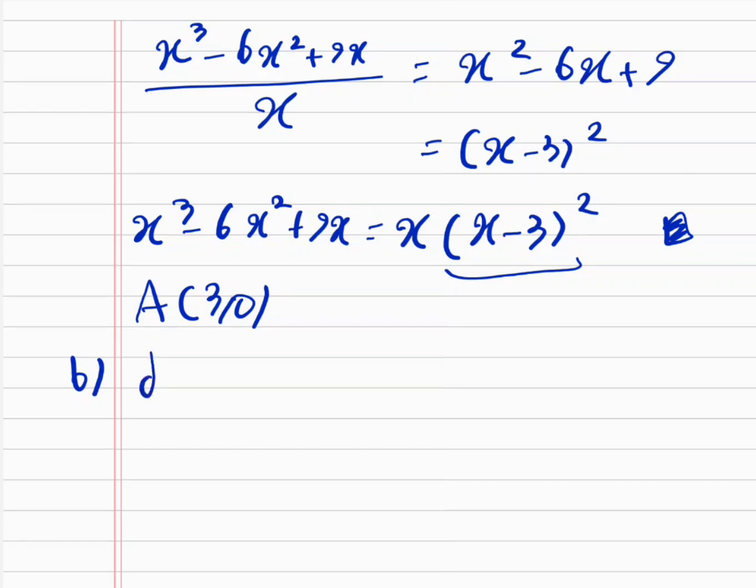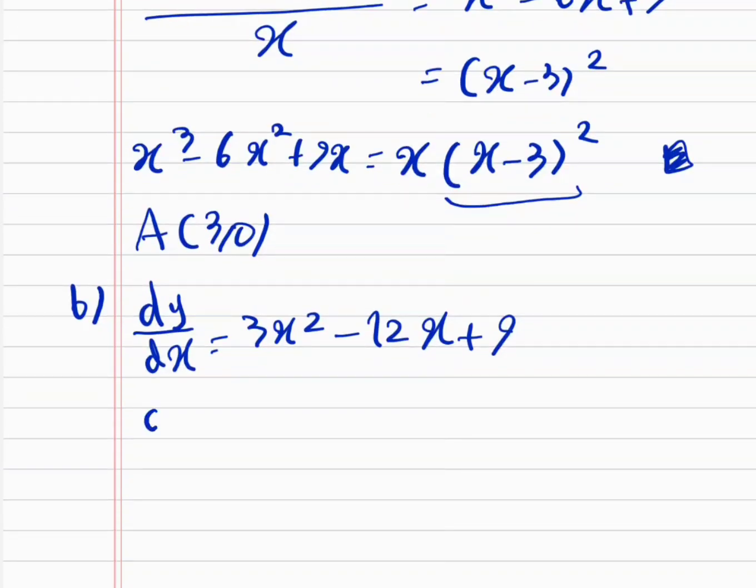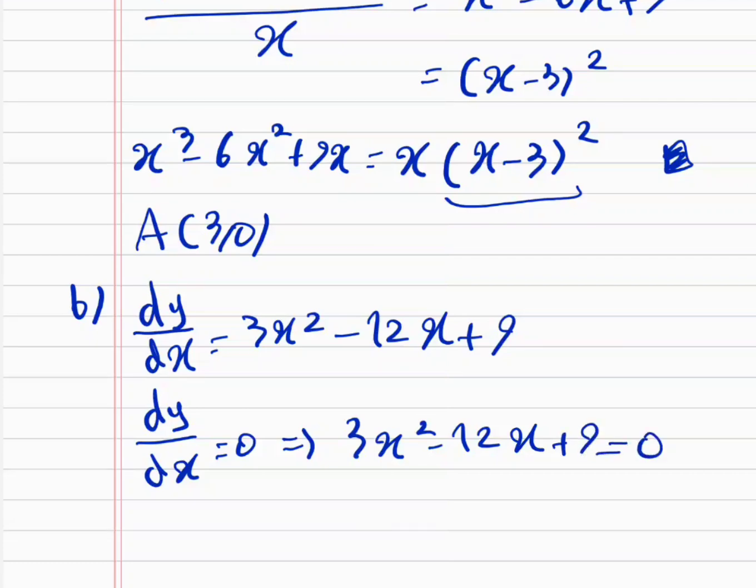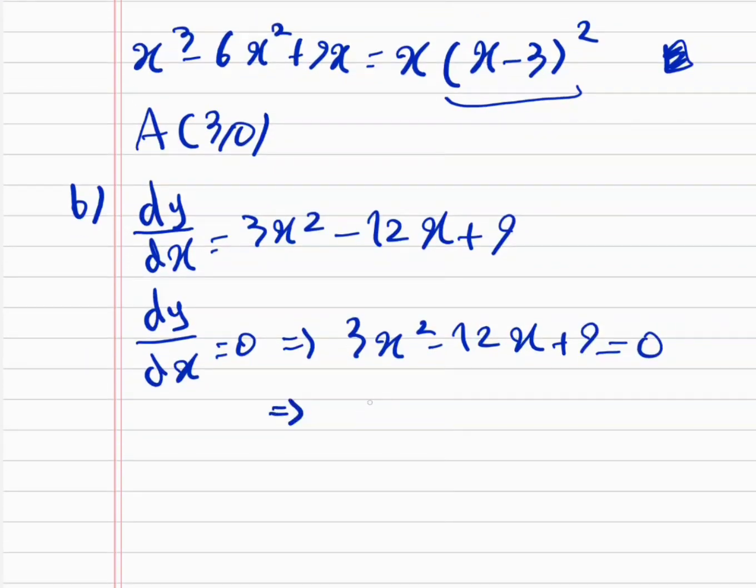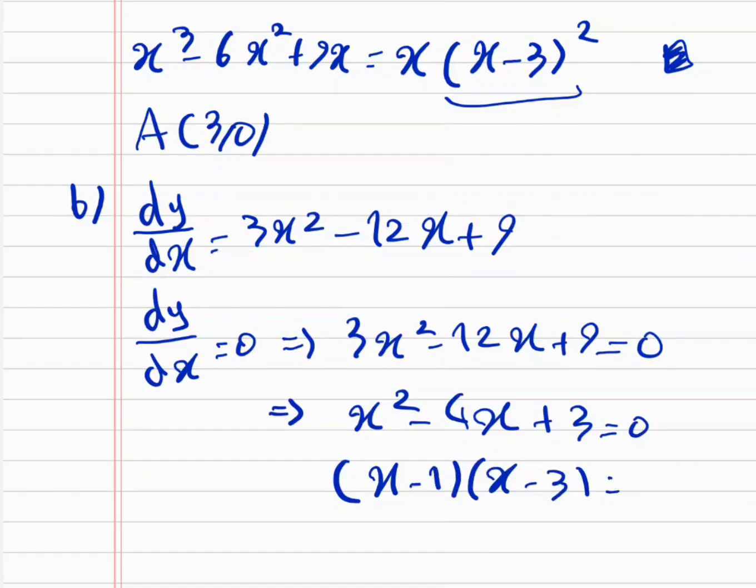So in this case, we have dy by dx, which is equal to 3x squared minus 12x plus 9, and now we set this quadratic equal to 0, which is essentially 3x squared minus 12x plus 9 is equal to 0, and we can divide everything by 3, so we get x squared minus 4x plus 3 is equal to 0, and this is equal to (x minus 1)(x minus 3) is equal to 0.